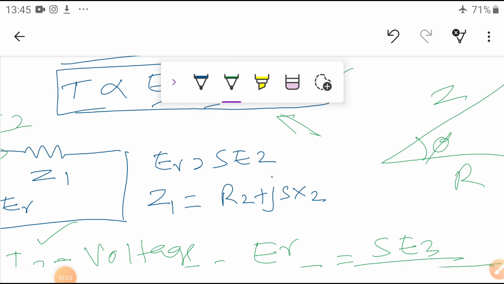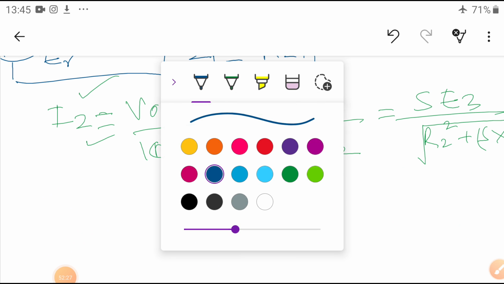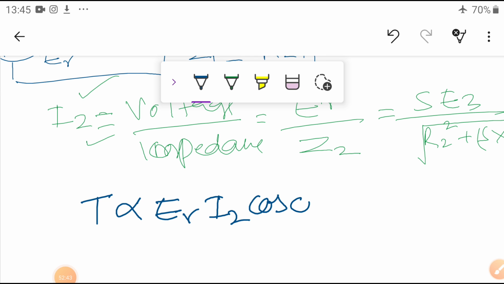Then what value are we going to get? Torque is directly proportional to E2, that is the ER, then I2 cos phi 2. Here you can write the E2, that is the voltage.